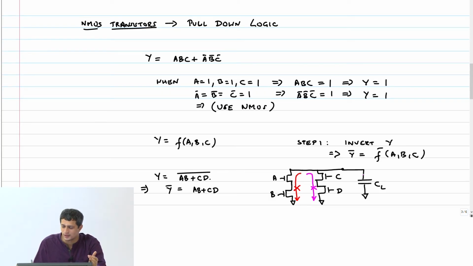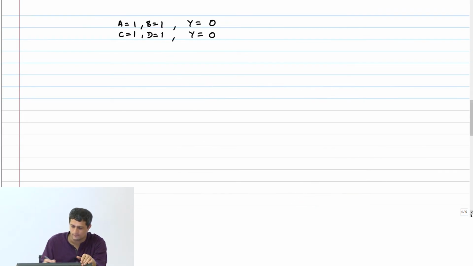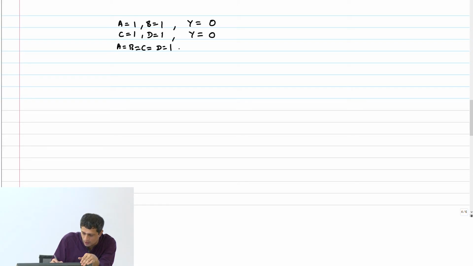So then this capacitor will leak out slowly like this. But that is very slow. So for all practical purposes, you can assume that the capacitor will float at that particular value for long enough. So A equal to B equal to C equal to D equal to 1 also gives Y equal to 0.